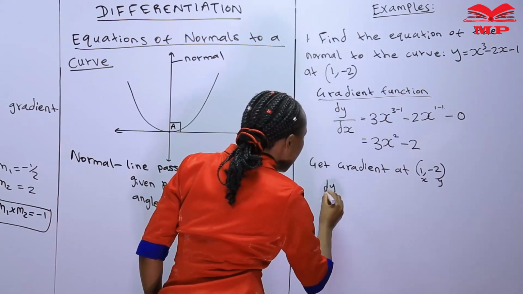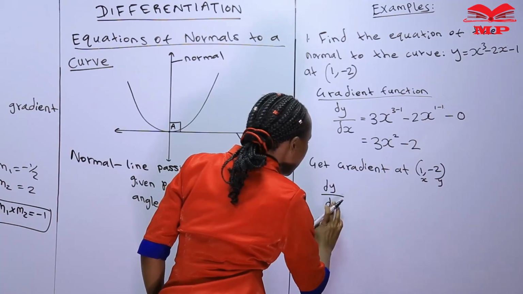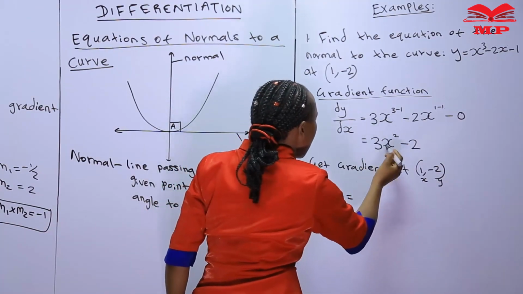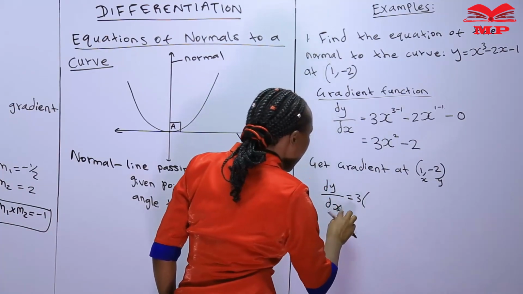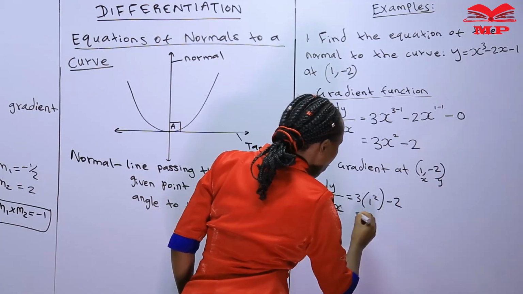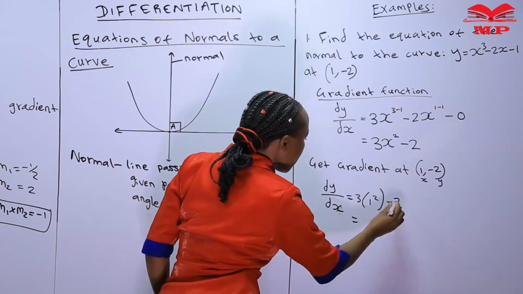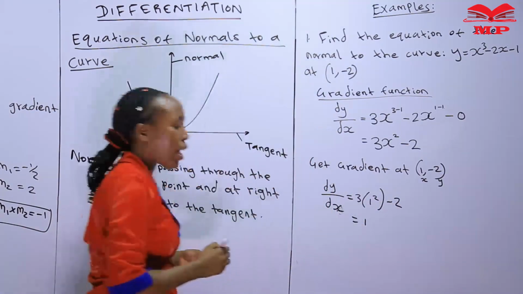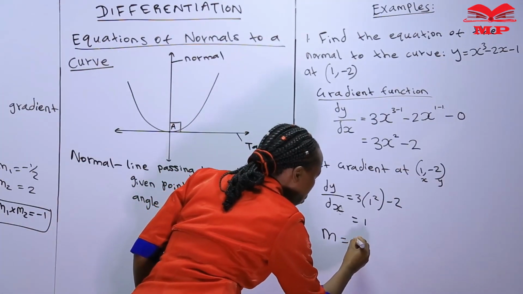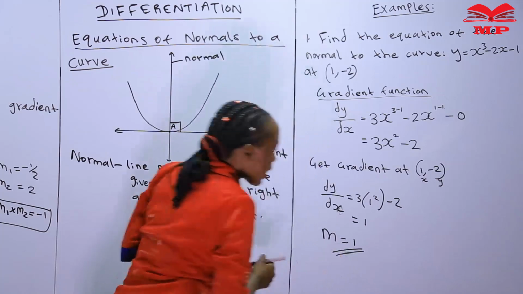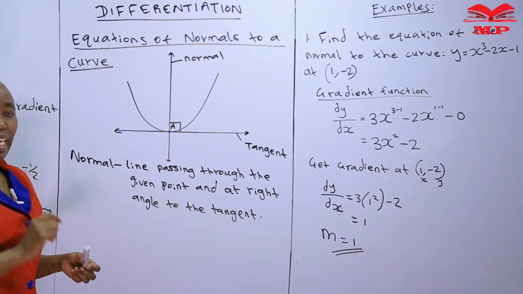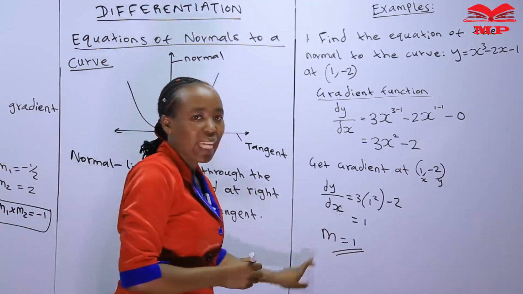Our gradient dy/dx will be equal to 3 multiplied by x squared, our x is 1, then minus 2. So we have 3 minus 2, which is 1. So our gradient is therefore equal to 1. That is the gradient at that point, and that is the gradient of the tangent.